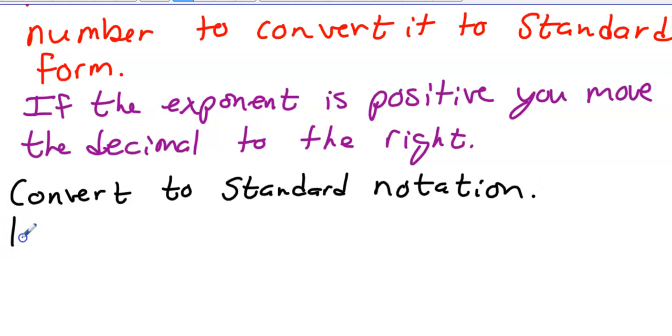And then the objectives in section 5.4, this will be the very first problem, the first objective you would get there. Okay, so convert it to standard notation. You'll have a problem something like this, 8.722 times 10 to the 4th, maybe.